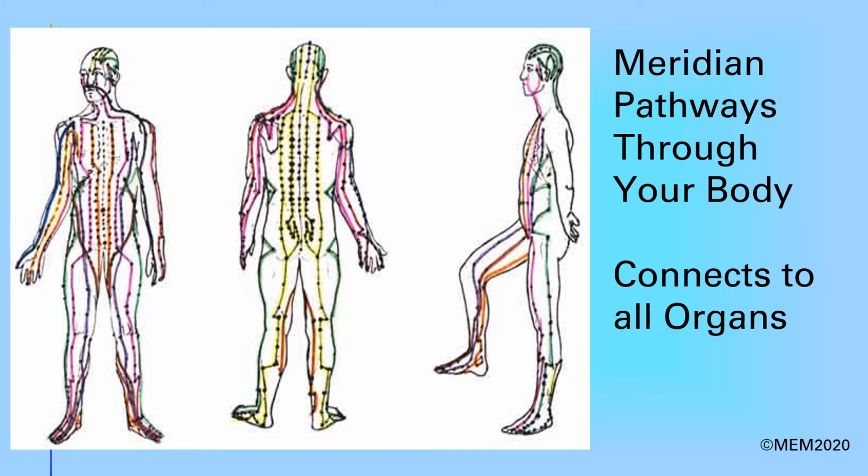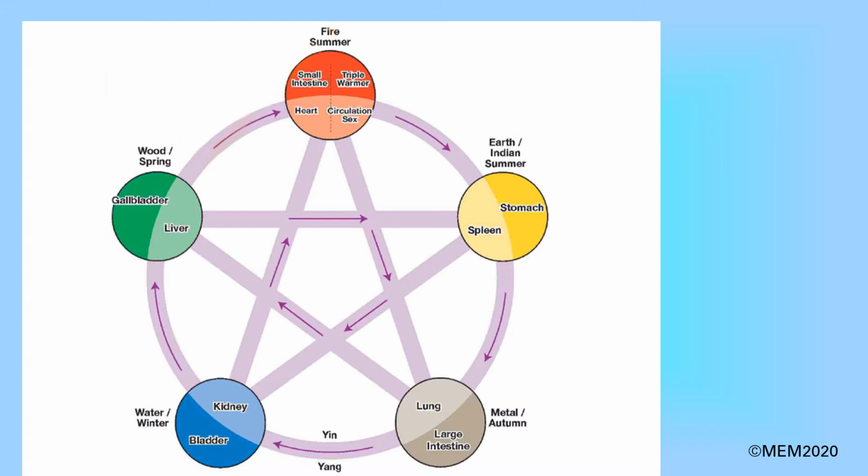And now combining together the rhythm wheel and the meridians, you can see down at water, we have kidney and bladder attached, which, as was rightly said, water has to do with kidney and bladder. Wood, the green, has gallbladder and liver.